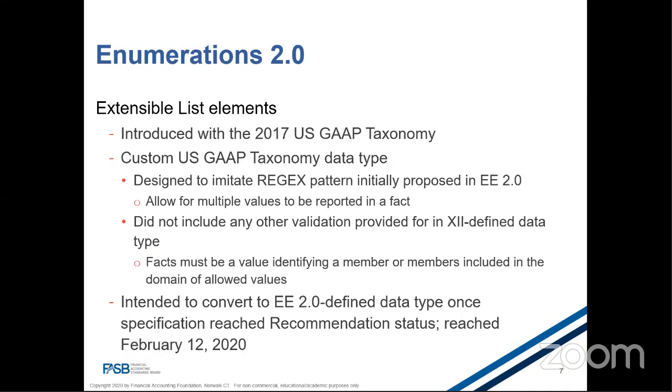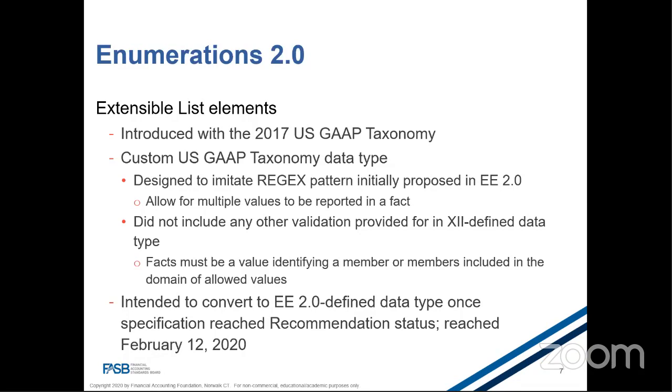That's why we went this path, where we went with our custom US type, and we waited for EE 2.0 to reach recommendation status. We are going to spend a lot of time going over all of the other validation aspects provided for in the XII defined data type later in these slides, but none of that was included with our custom type. It was just basically a fancy regular expression pattern.